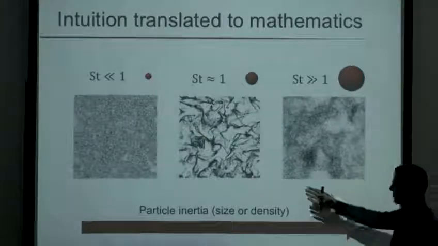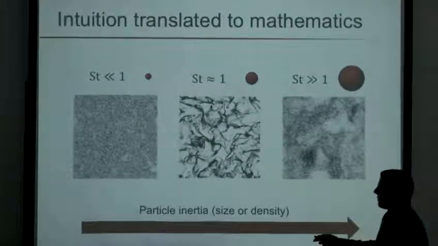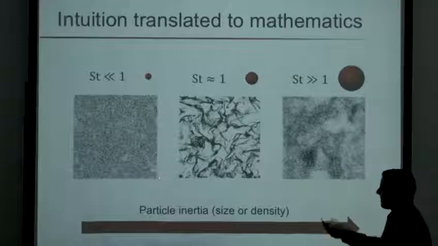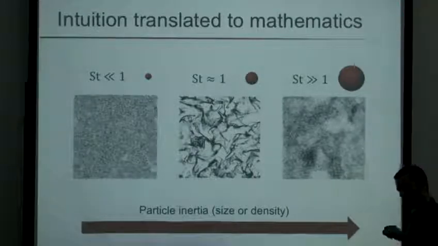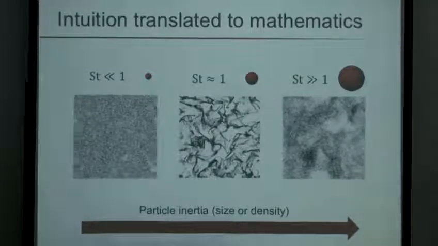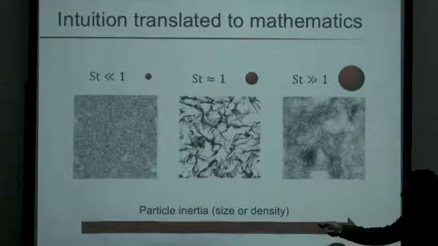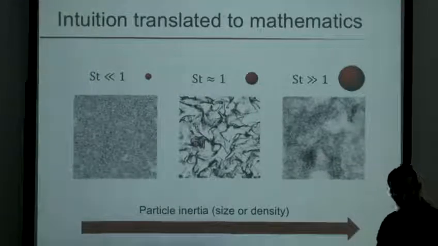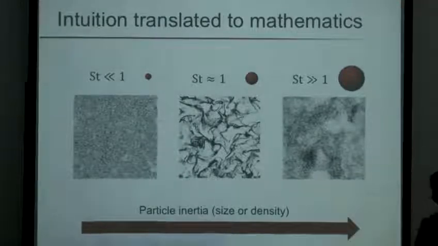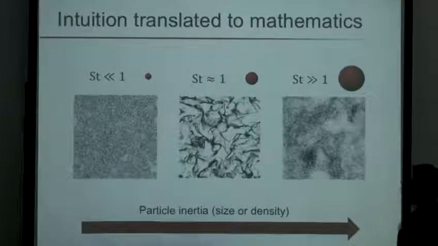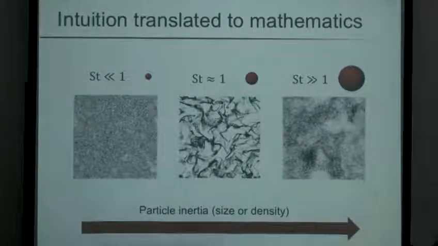What I'm showing here is that if you start from particles that are fairly small, so their inertia or relaxation time is much smaller than a time scale of the flow, you would get a homogeneous distribution. You could put it in plain English: because these particles are very tiny, they don't have enough inertia to have a relative velocity to that of the background flow, so they would basically act as passive tracers, and you don't get much clustering.